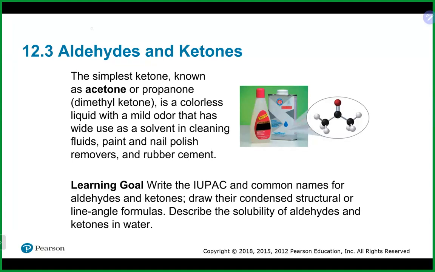Once again, the aldehyde's functional group is a carbon-oxygen double bond and a hydrogen. The functional group of our ketone is always a three-carbon-in-a-row situation, where the central carbon has the double bonded oxygen to it.